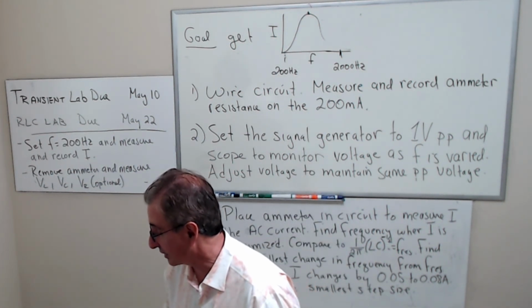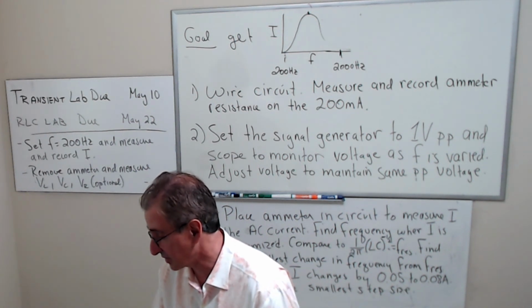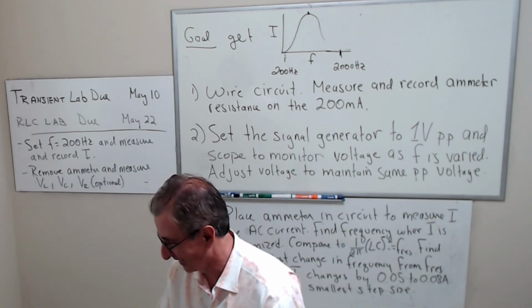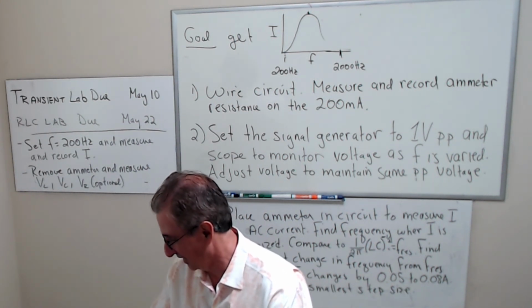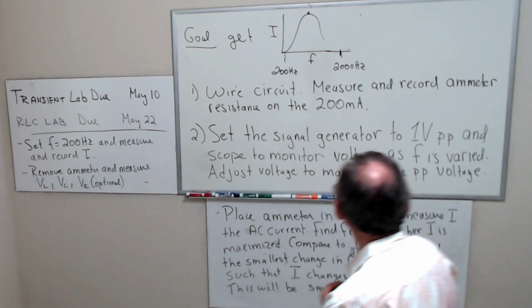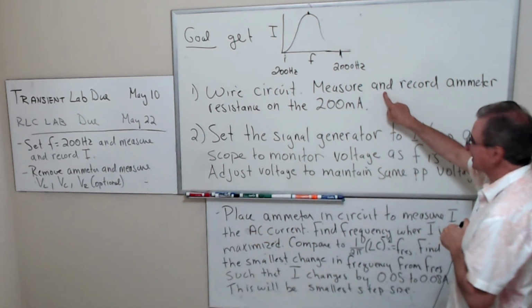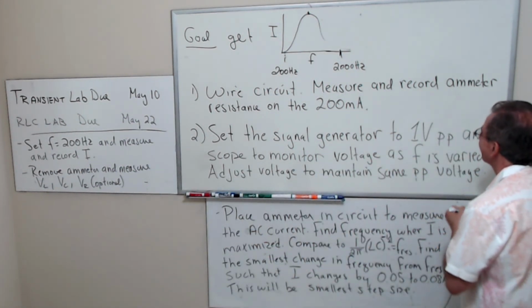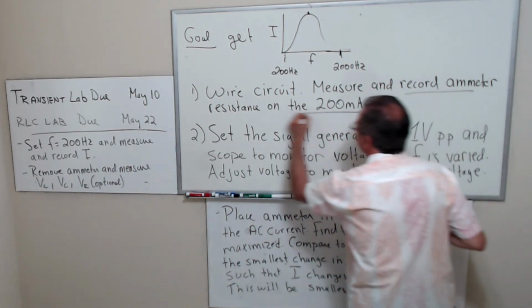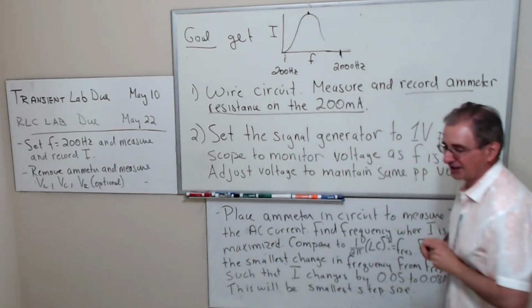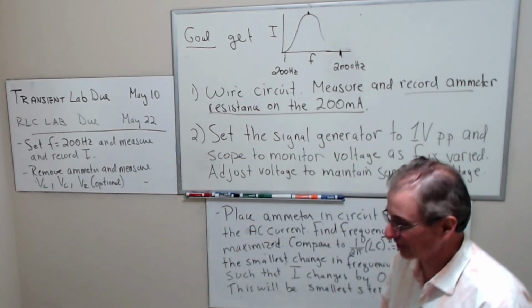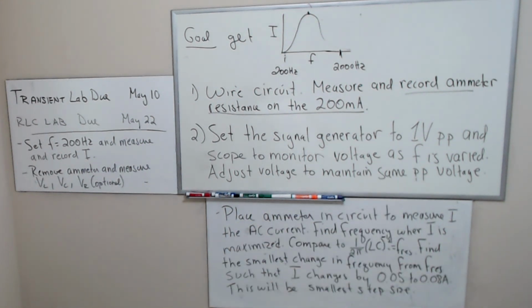You know, Kathleen, it's a good question. It is less accurate. You know why? Because of this. The ammeter has resistance, and you're changing the circuit every time you put it in and out.